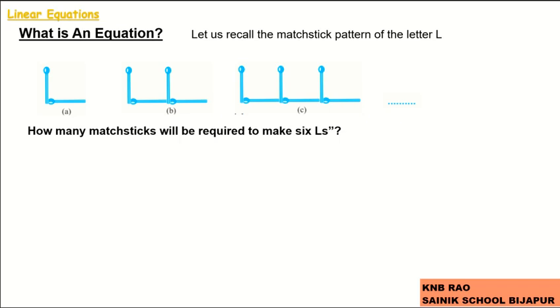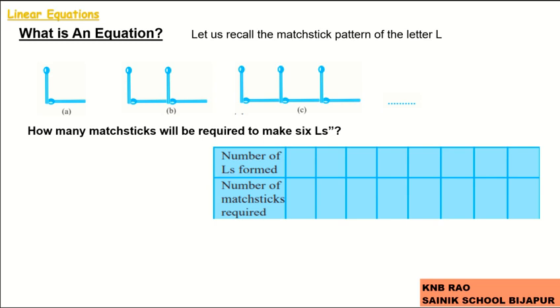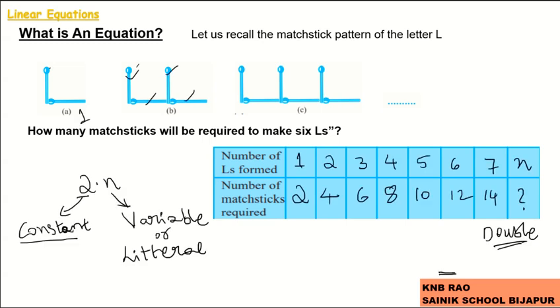We have seen this in our part 2, and we drew a table for this, and we even found a generalization to find the number of matchsticks required for n number of L's, that is, 2n, giving you the number of matchsticks for n number of L's.